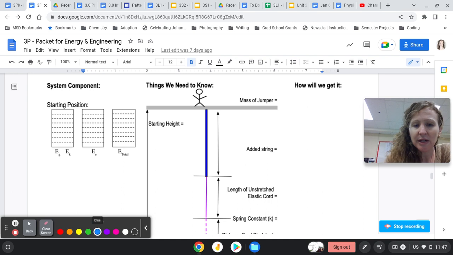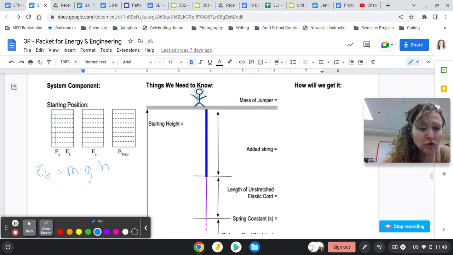Remember, when our jumper is at the top of the jump, ready to go down, that jumper has a lot of potential energy. It has a really big height, but it's not moving yet, no velocity. So since gravitational energy is mass times gravity times height, the jumper has height, so the jumper has gravitational energy.